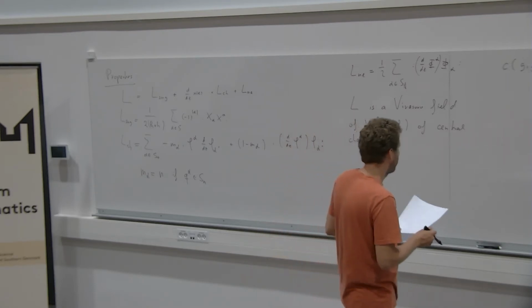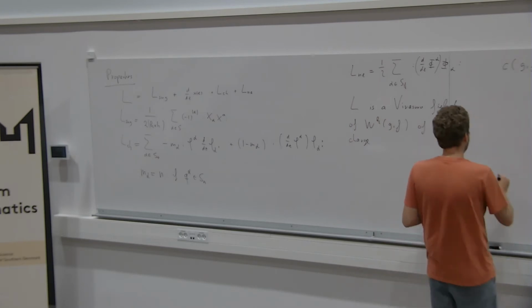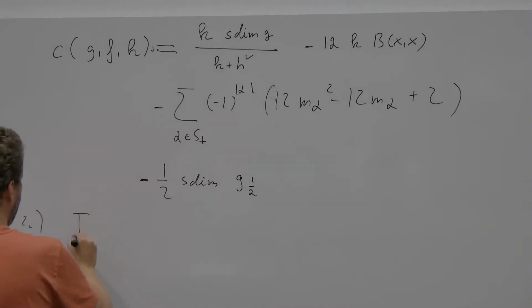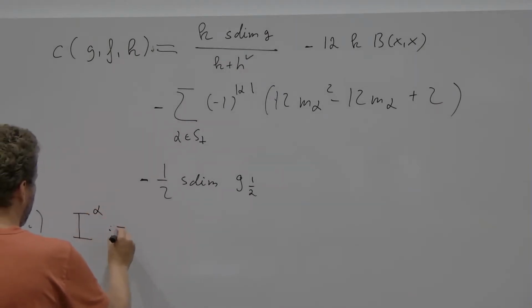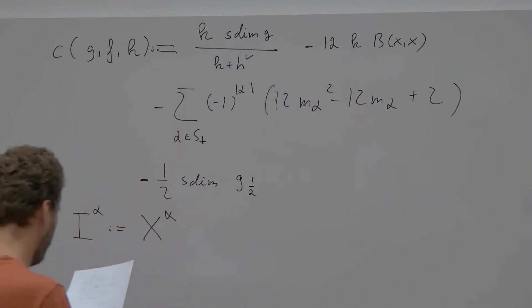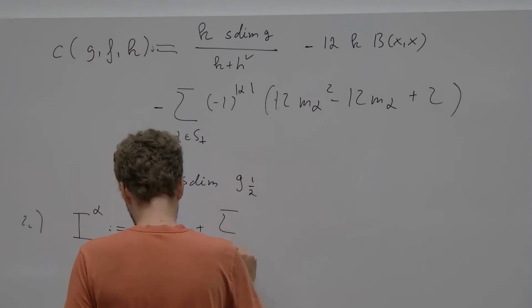Okay, the second property is that one first introduces fields I alpha, so they are our original fields of the affine vertex algebra, and now corrected by a lengthy expression.